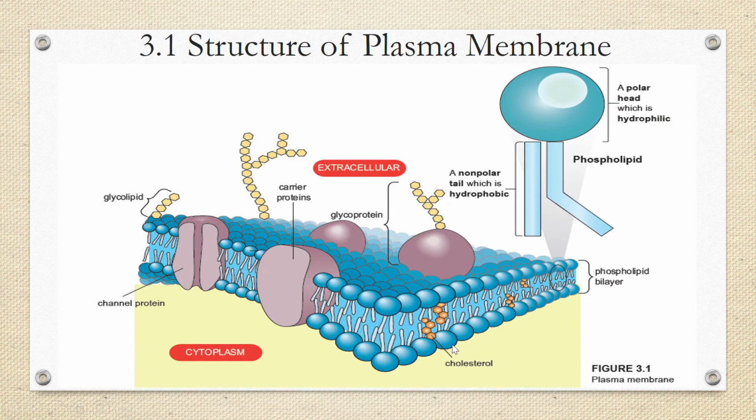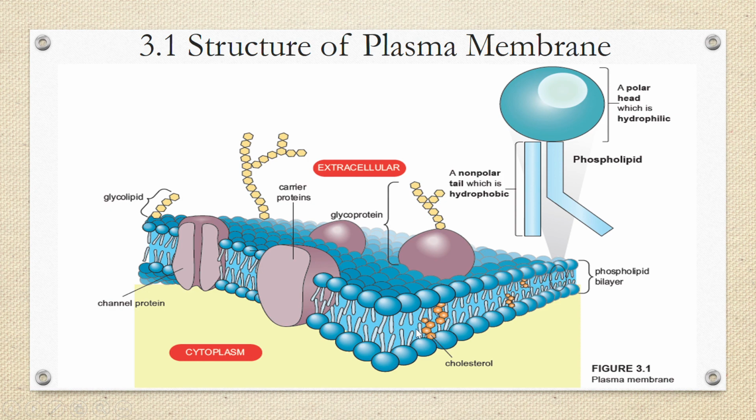Yeah, the cholesterol structure is here. It is to make sure that the structure of this plasma membrane is not too fluid, because just now we said they are not static, they are not rigid, but they are flexible and have this fluidity.